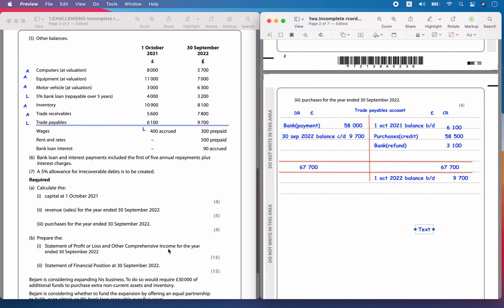So you have to write it here: the purchases for the year ended 30th September 2022 amount to 58,500 pounds.